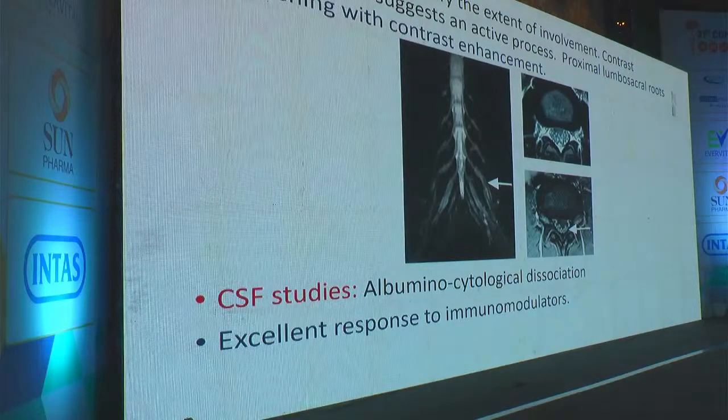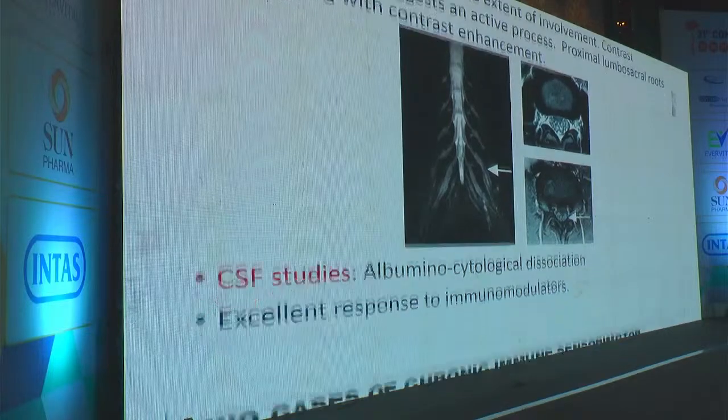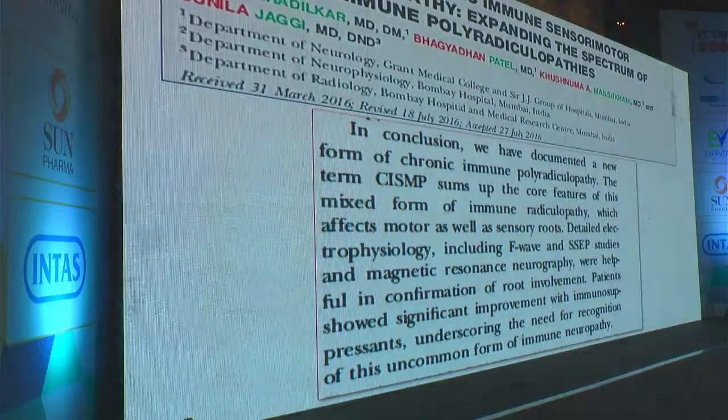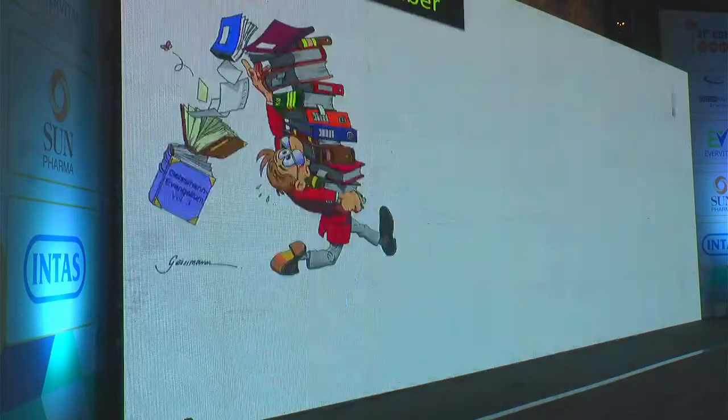There will be definite thickening of the nerve roots and plexuses in such situation, and they show excellent response to immunomodulators. Now we have almost 8 cases of CISMP with us.